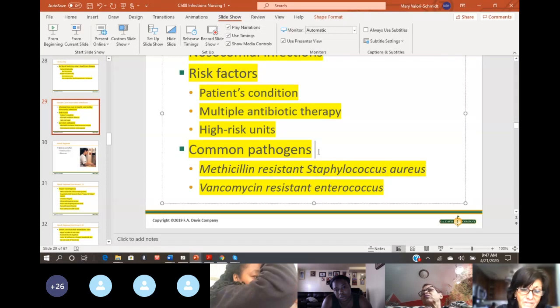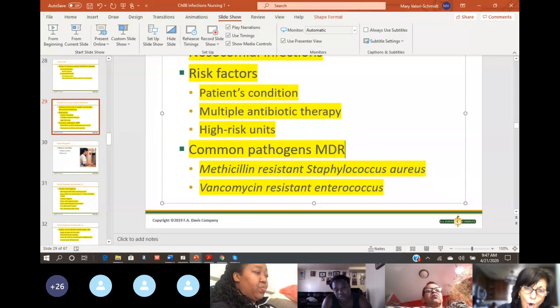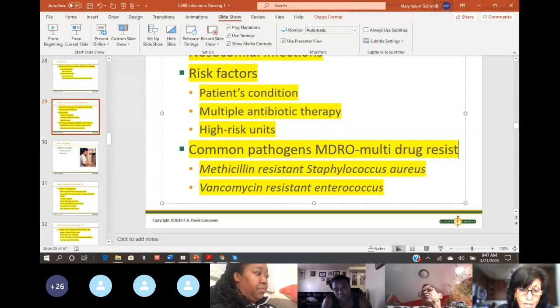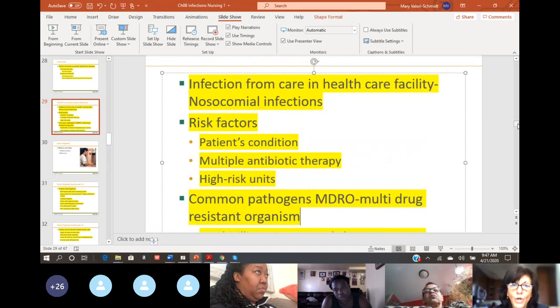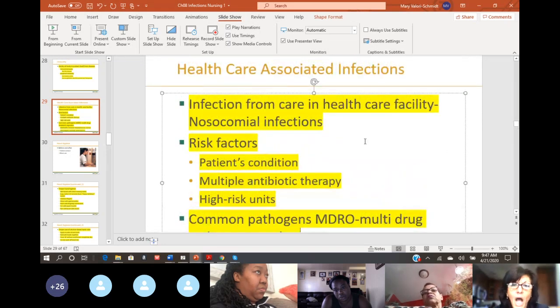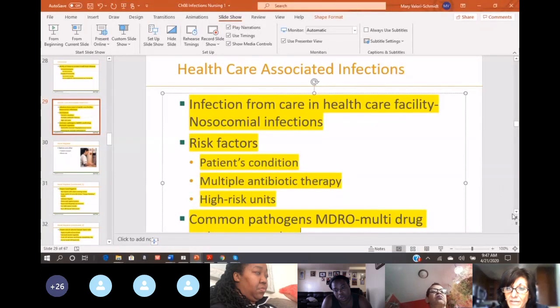And I'm going to also put something here called MDRO, which stands for multi-drug resistant organism, okay? So if you get a nosocomial infection, it's usually a multi-drug resistant organism.